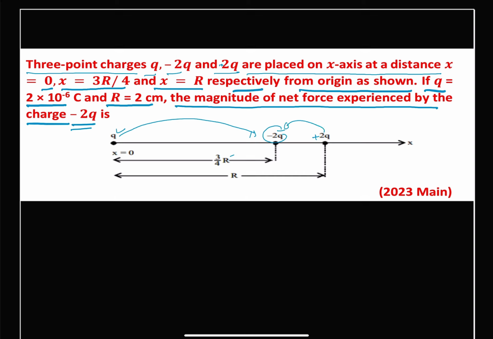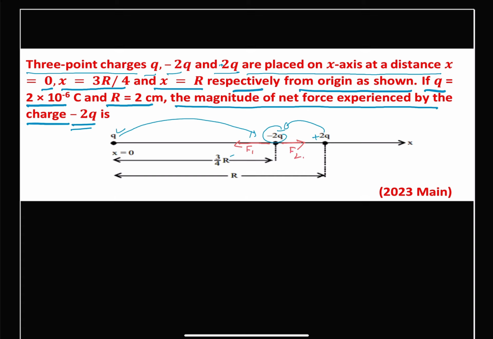Both are oppositely charged, so Q is going to attract and plus 2Q is also going to attract it. So net force will be the subtraction of both. Let us call these forces F1 and F2.